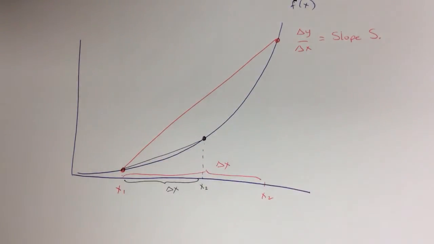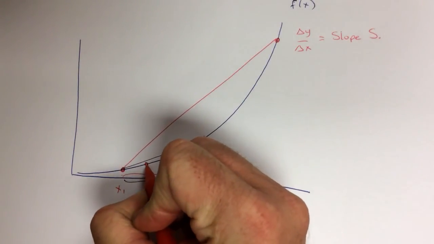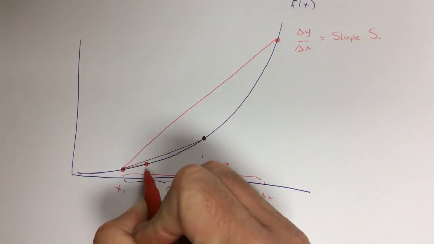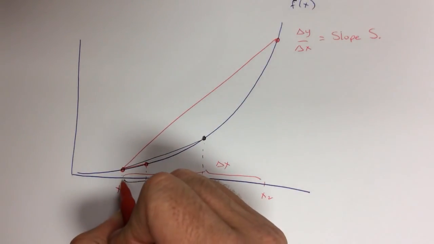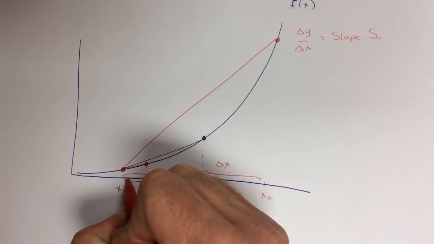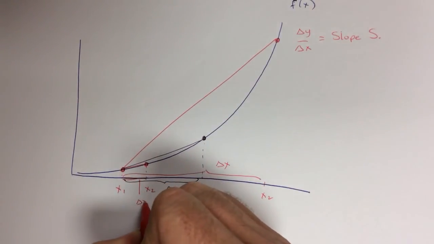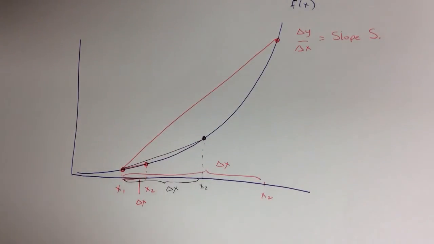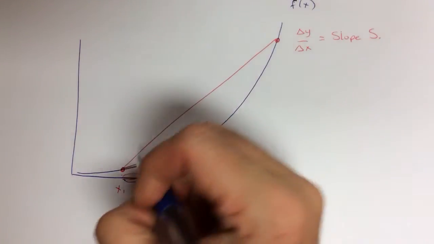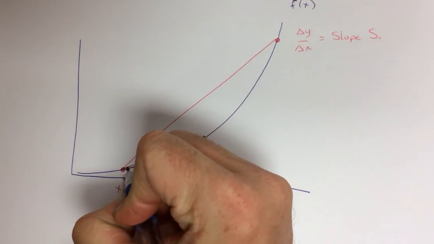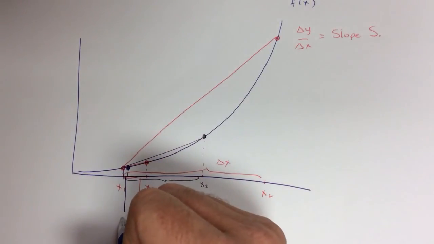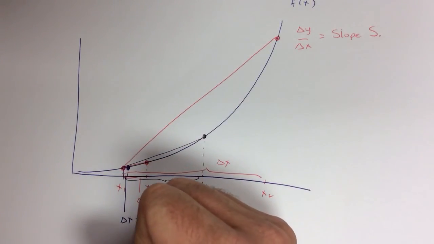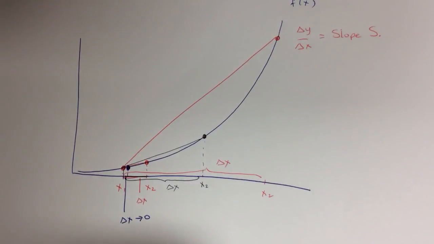Well, we want to get it even smaller. So let's look at another red line right here and call this point x2. Now we have this distance here as delta x. It's getting even smaller. And in fact, we want to continue to do this until we get so close that delta x gets really close to 0.